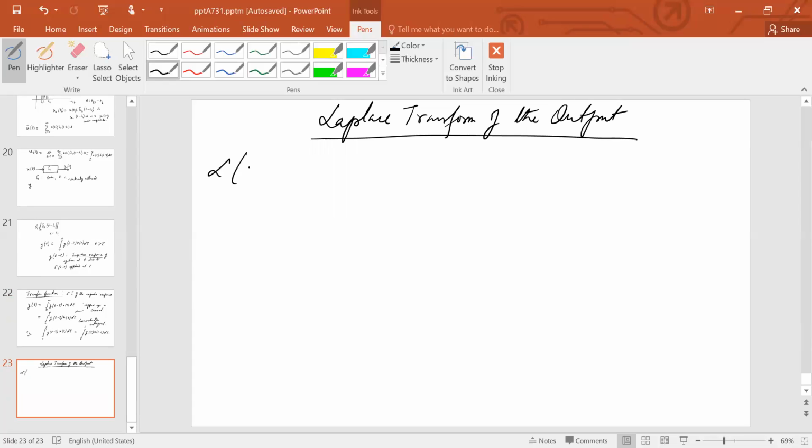And so this is nothing but the Laplace transform of the integral from 0 to t, g of t minus tau, u of tau, d tau, right?